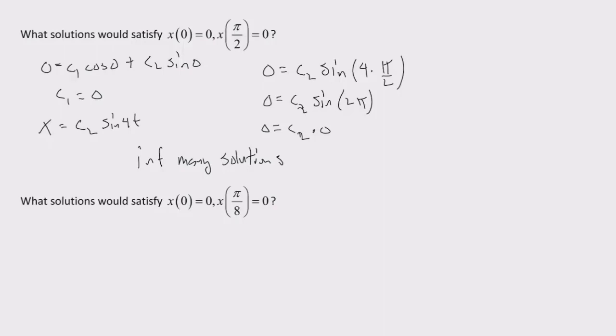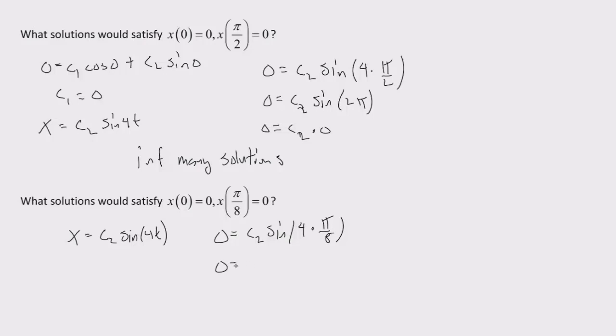We know that first condition simply tells us that x is defined by c2 sine of 4t, so c1 is going to be 0. If I evaluate that, I get c2 sine of 4 times pi over 8.